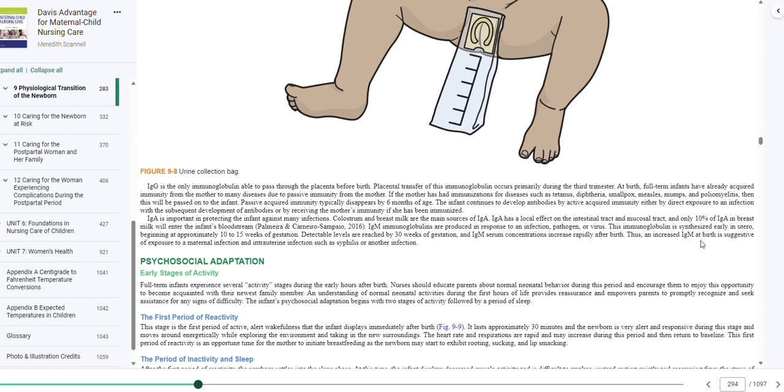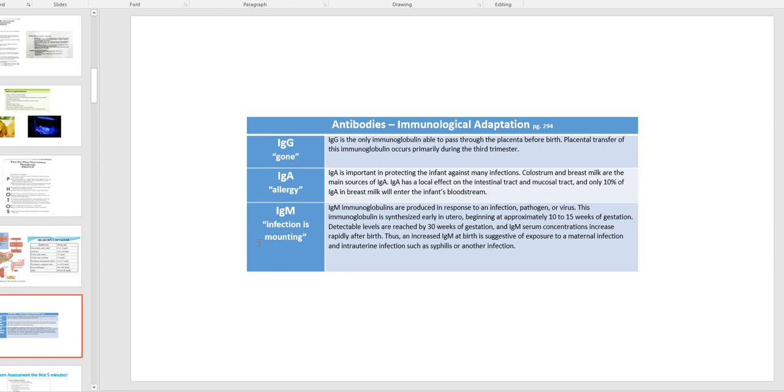IgM increased at birth. This is talking about IgM now. IgM is talking about the exposure, okay? So IgA is the local effect of what's in the intestine, and only about 10% is through the breast milk. It will enter the bloodstream. IgM is when there's an infection mounting, okay?